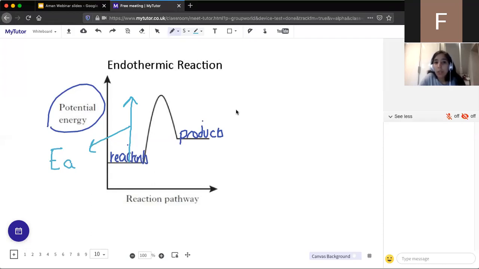The final thing we need to know is the overall energy change in endothermic reactions. And remember, this is the overall energy change with relation to the reactants and the products, not the atmosphere. So everything we've been talking about so far with regards to how we measure it at school is to do with the atmosphere and thermometer changes. So on a thermometer, like the YouTube video I showed you, it showed that the temperature decreased. But on a reaction profile, we can see that the products are higher than the reactants.